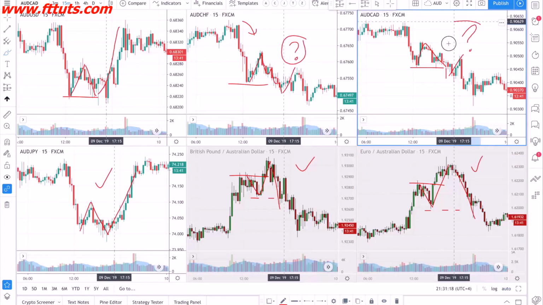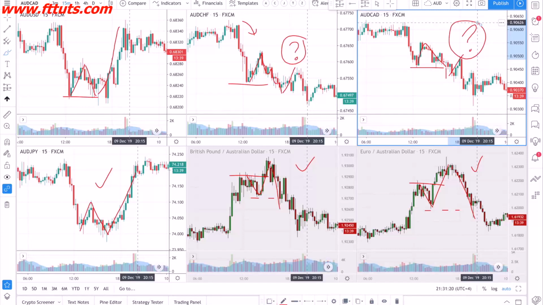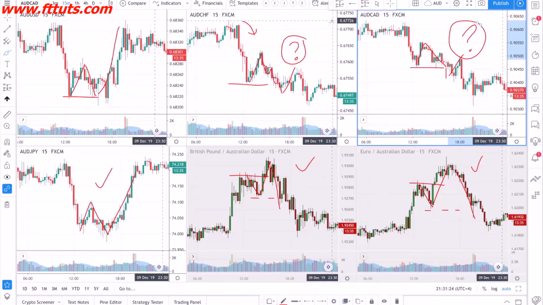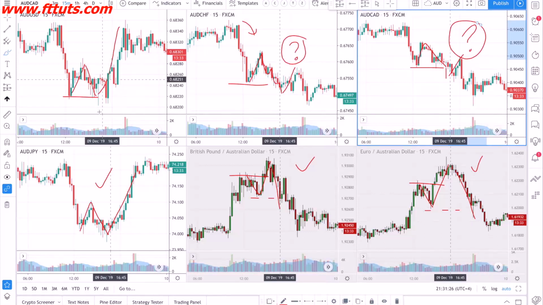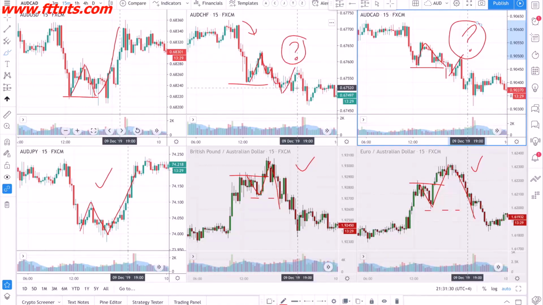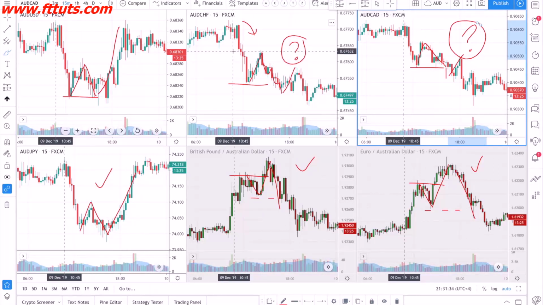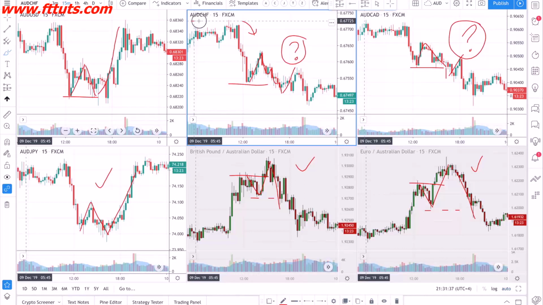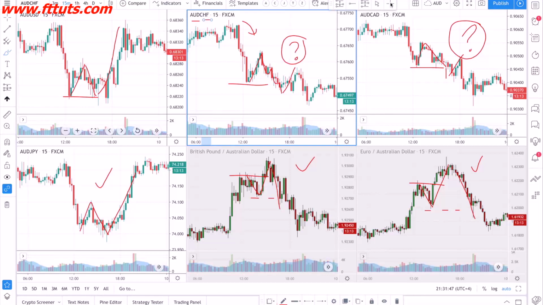What's going on? You might notice sometimes when you see these situations happen, it's because the majority are saying, yeah, we are pulling back deeper, but a few are not. It means the power on them is extra powerful, which means Aussie is probably weak, but Swiss franc might also be very, very strong at the same time, causing it to not pull back as much. Same thing is happening with the CADs.